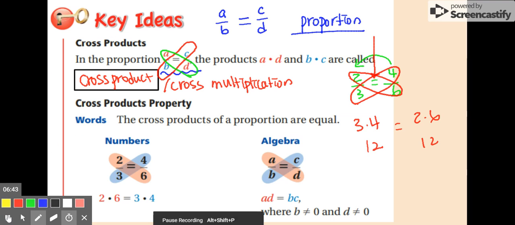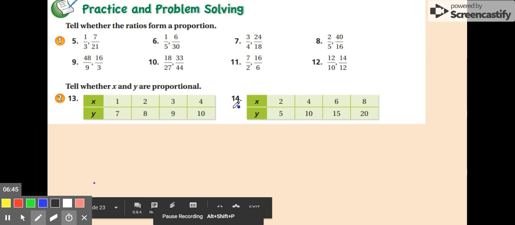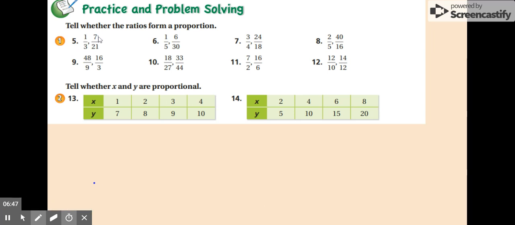So let's practice a little bit. All right, number 5. So 1/3, 7/21. I know you guys already know that 1/3 and 7/21 are proportional because 7/21 is 1/3, right? So they are equivalent, so it's proportional.